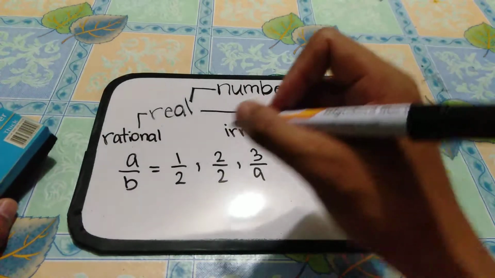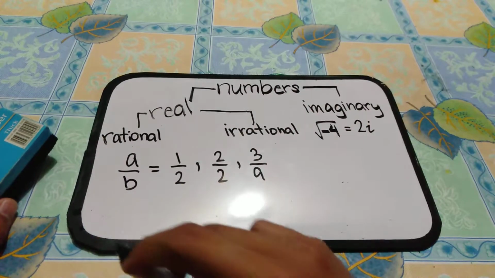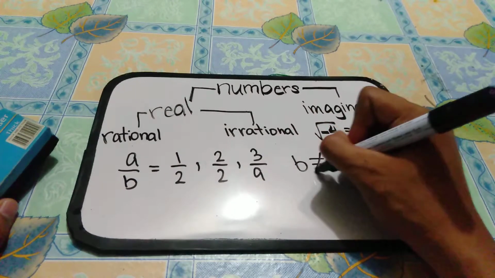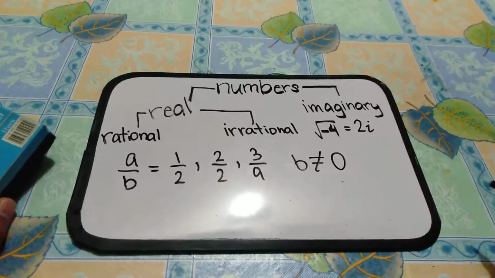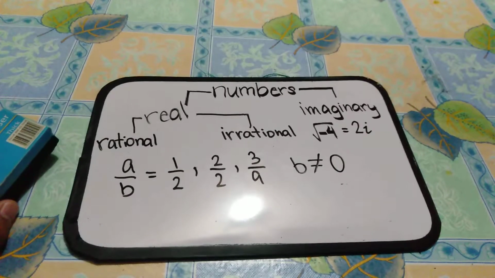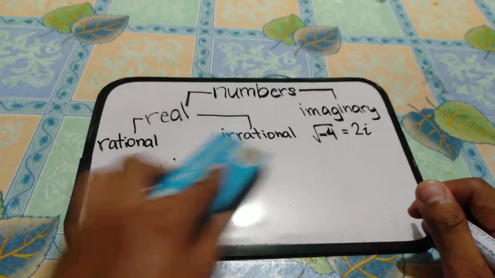But must take note of this one. The denominator b must not be equal to 0. Did you get it? Okay, let's move on.